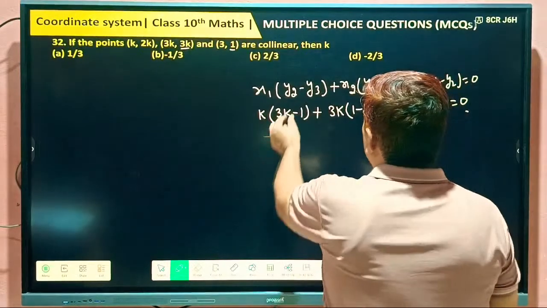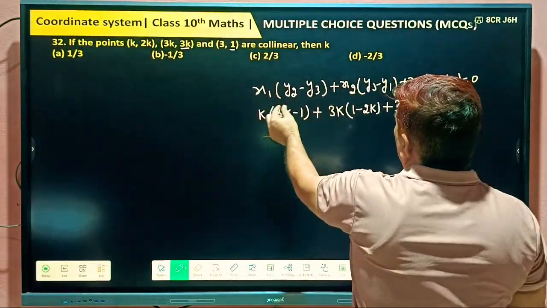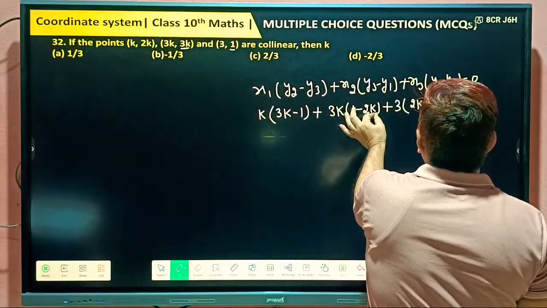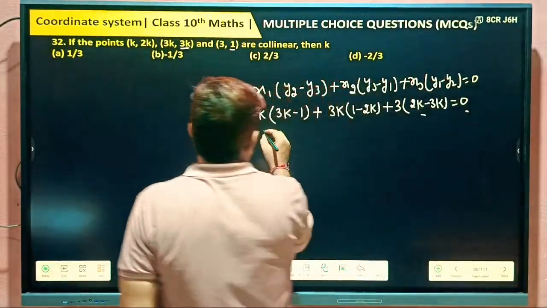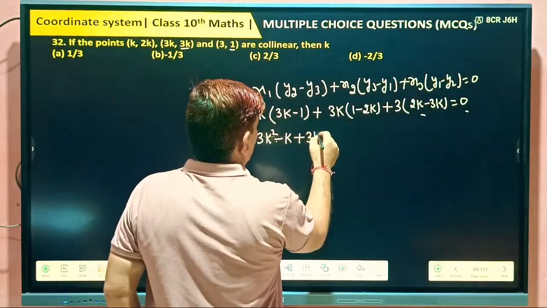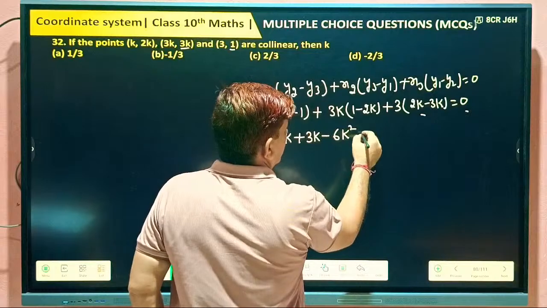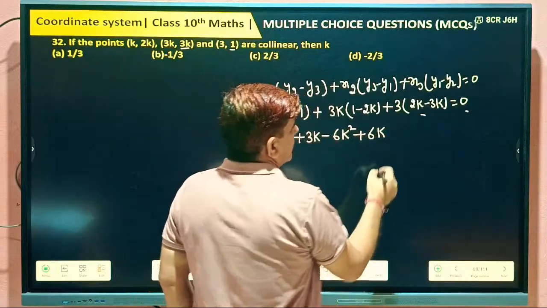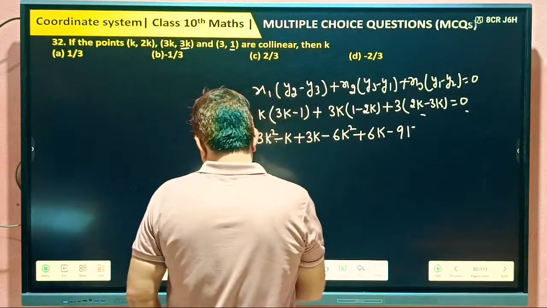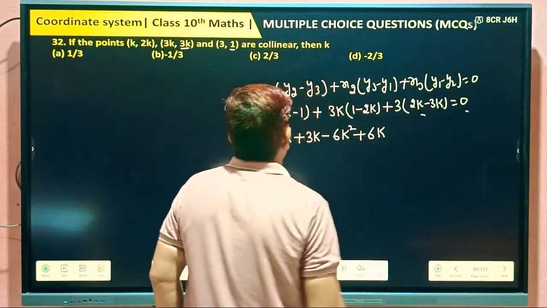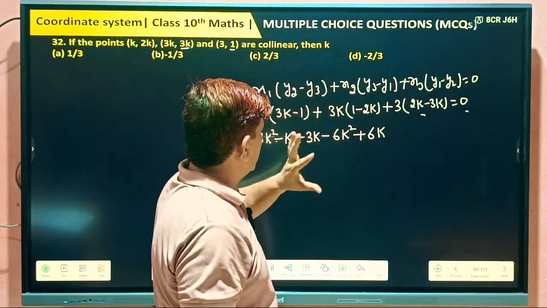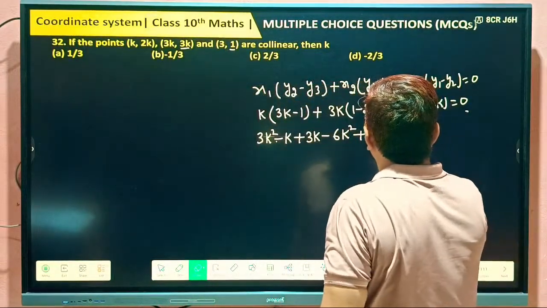Check y2 is 3k, y3 is 1, y1 is 2k. So what does it become? 3k square minus k plus 3k minus 6k square plus 6k minus 9k.